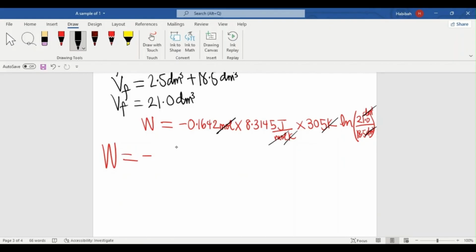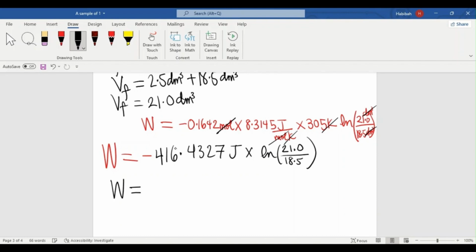We're going to get that to be negative 416.4327 joules times the natural logarithm of 21.0 divided by 18.5. So work done now is going to be equal to negative 52.7853 joules.